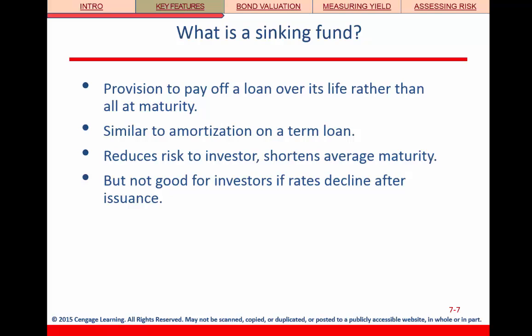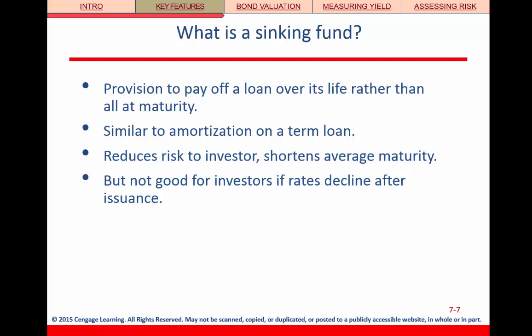This makes this type of bond safer for investors because they are getting their principal back over the 30 years. So if it was $30 million and they repaid $5 million of their principal every 5 years, that would be less risky than waiting till year 30 and trying to get paid back the full $30 million.